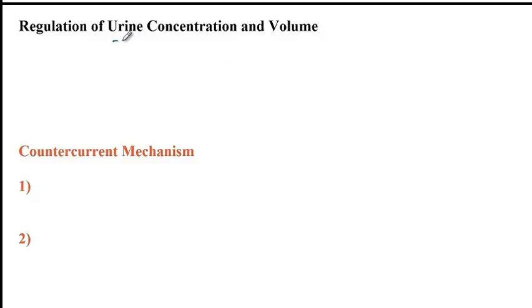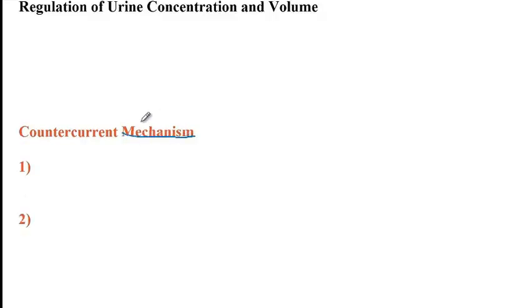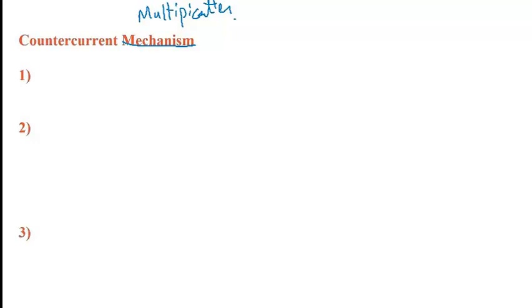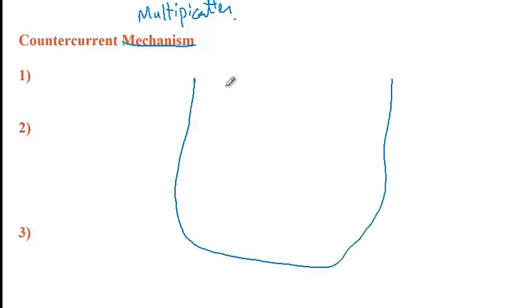How can it determine how concentrated urine is and how much volume to excrete? And this is actually being done by a mechanism called countercurrent multiplication. Okay? And this mechanism is being done with the help of the loop of Henle. So here, let me show you that we have the loop of Henle here.